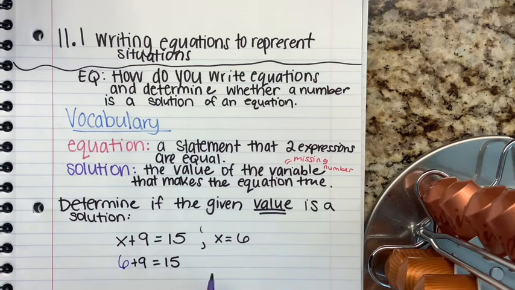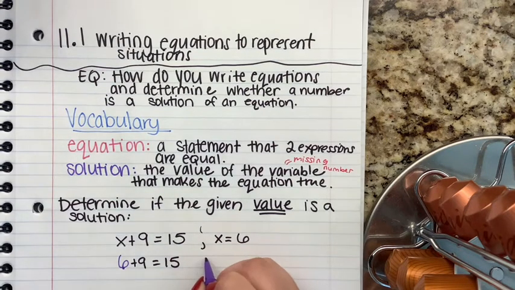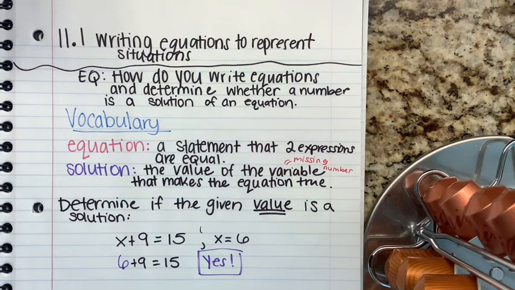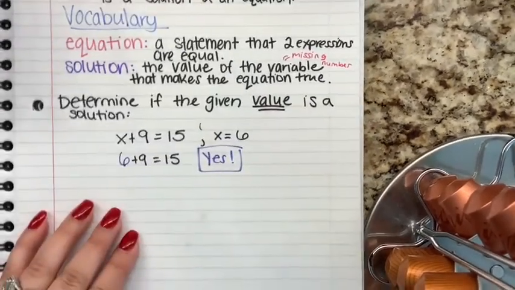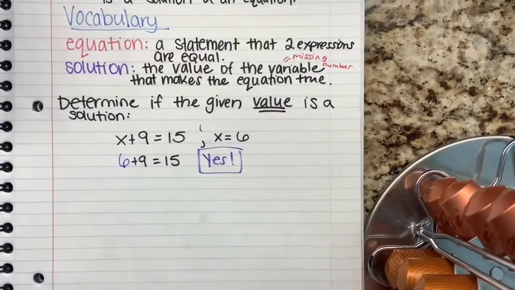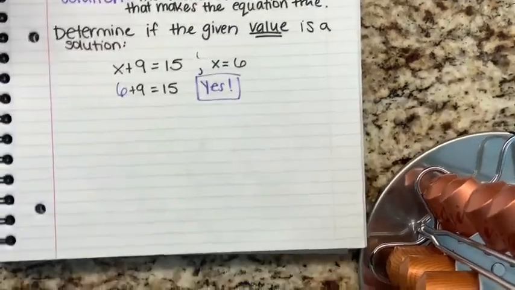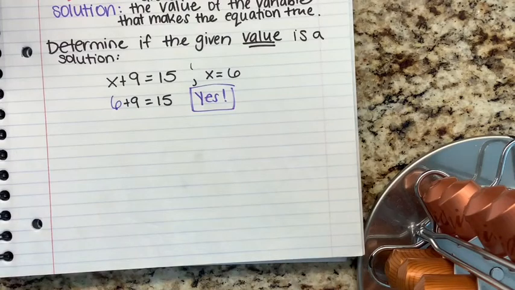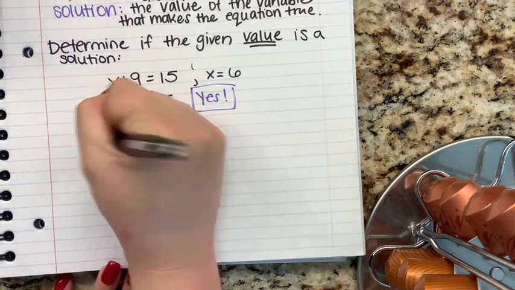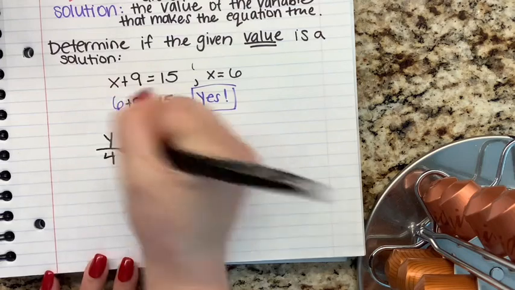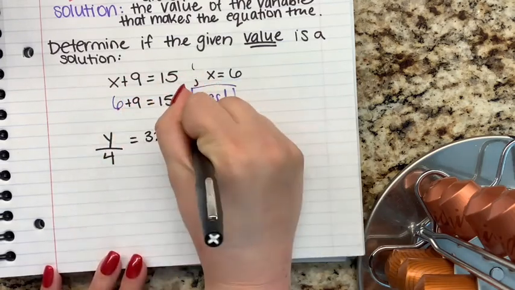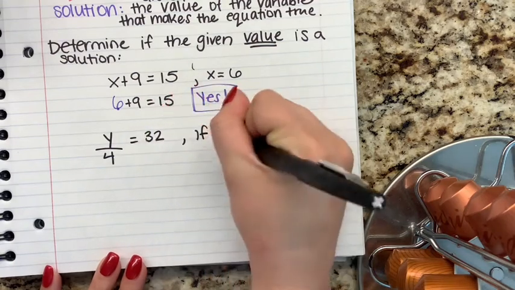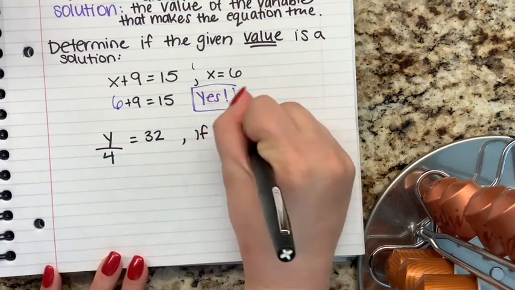Does 9 plus 6 equal 15? And if it does, your answer would be yes. Let's look at another one. Next, we've got y over 4 equals 32 if y equals 8.